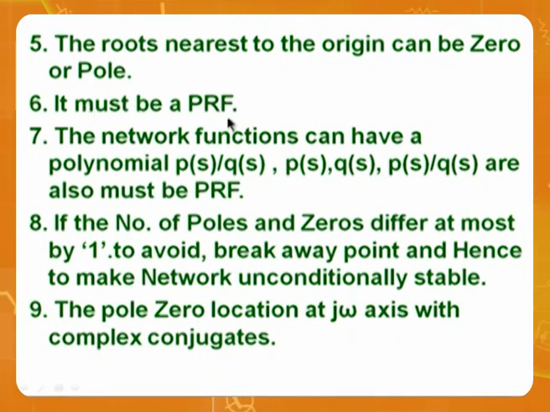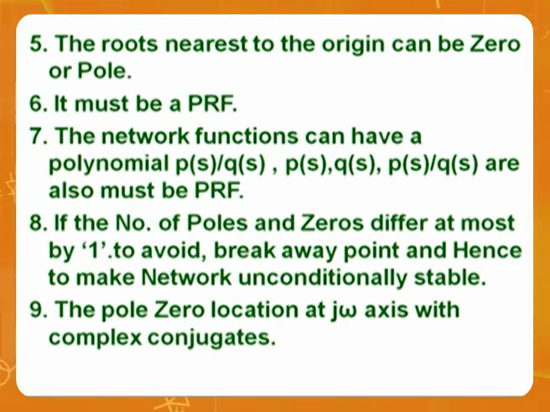It must be a PRF, a positive real function. The network functions can have the form P(S) by Q(S), where P(S) and Q(S) are positive real functions, and the ratios also can be taken as a network. The number of poles and zeros differ at most by unity, to avoid the breakaway point.